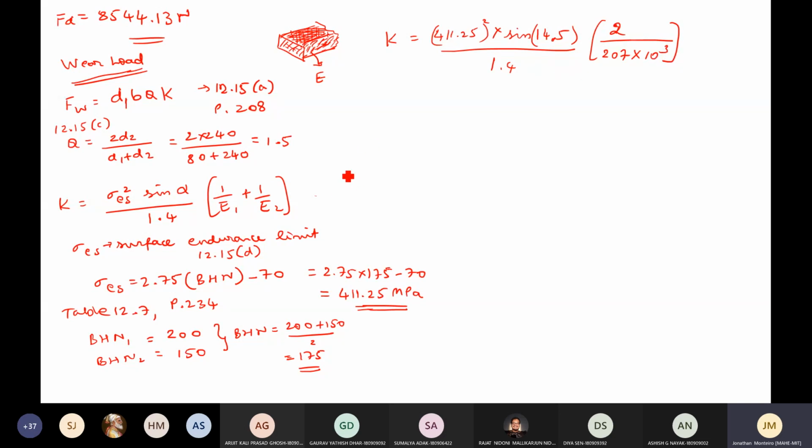Write the reason: E1 is equal to E2 is equal to 207 gigapascals. How much does this come out to be? There may be slight variation here, but K value should come out to be 0.294.